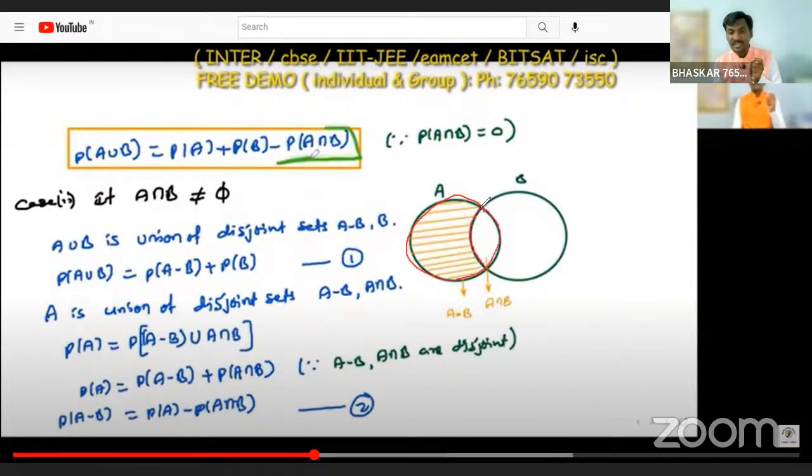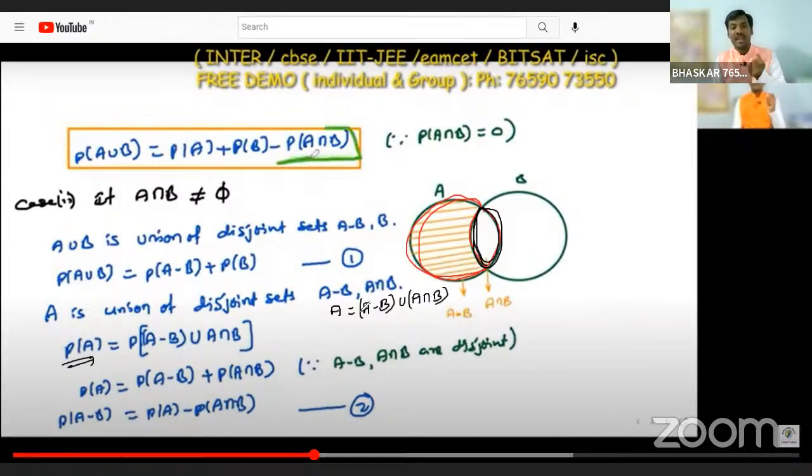One is A minus B, this part, and the other part is A intersection B. If we combine these two disjoint sets, we get the complete A. So, just set-wise, without probability, we can write A is equal to A minus B union A intersection B.